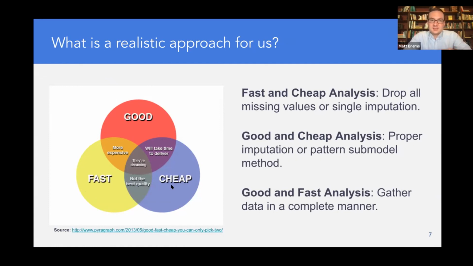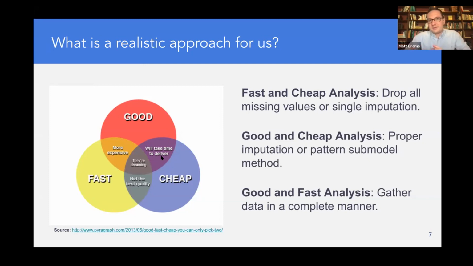The problem is that with good and fast and cheap, people tend to be dreaming. In project management and product management, we can generally do things that are good and fast, but they tend to be very expensive. We can do things that are fast and cheap, but they're not going to be good. Or we could do things that are cheap and good, but it will take time to deliver. In this case, it's not fast.